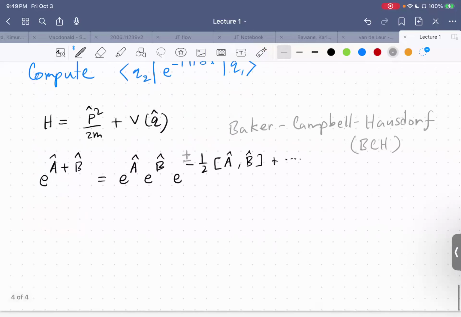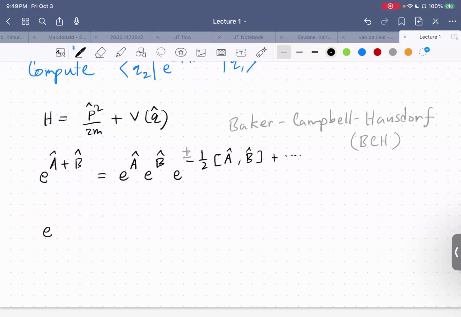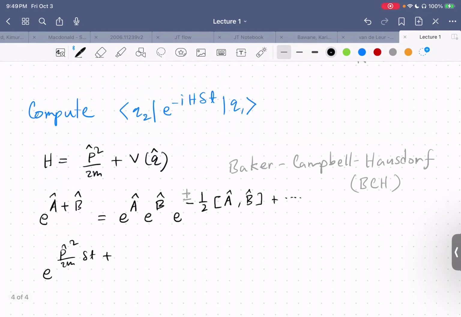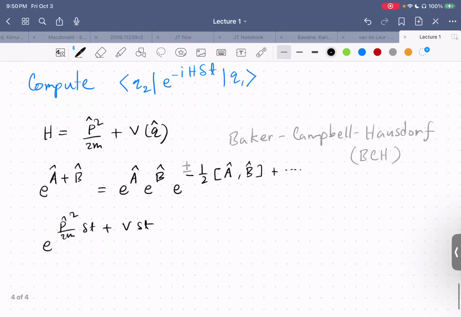So let me write it down a little bit more. p squared over 2m delta t plus, there are factors of i as well, let me ignore that for now, then V delta t.